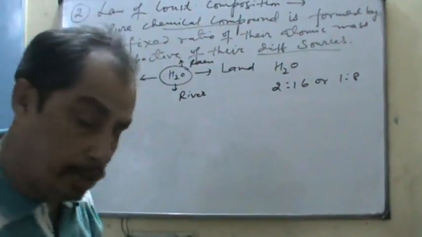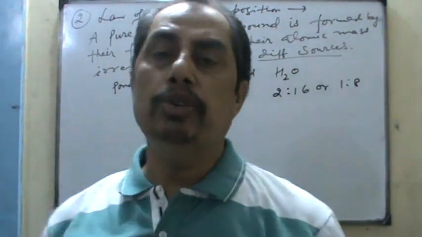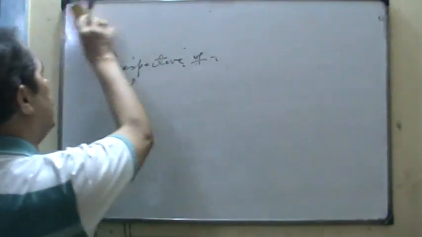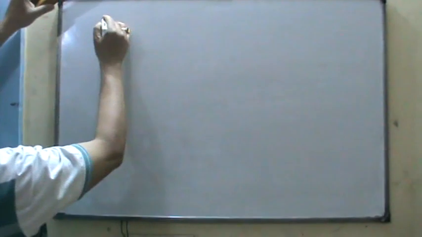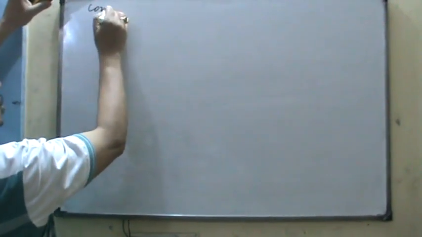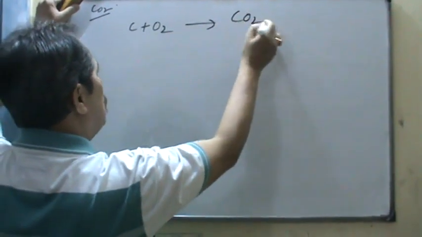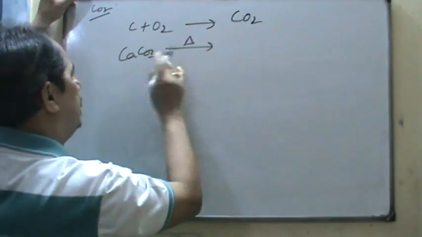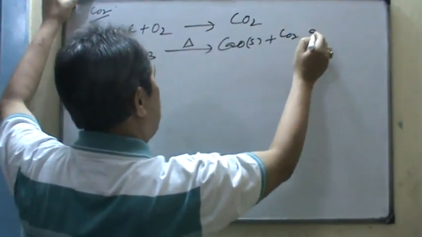Secondly, you can take the formation of carbon dioxide. Anyone tell me, how can you get carbon dioxide? Carbon dioxide can be obtained by the combustion of carbon: C plus O2 gives CO2. Decomposition of CaCO3 gives CaO solid plus carbon dioxide gas.